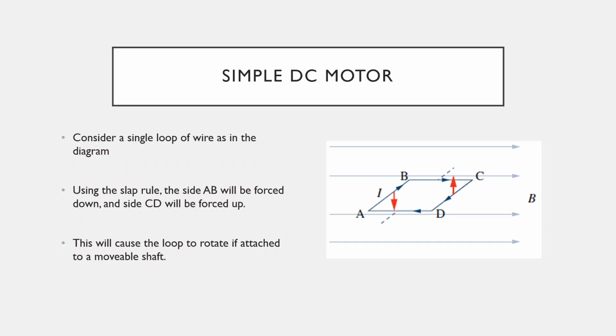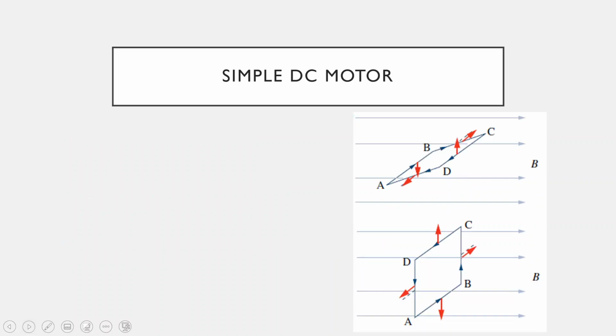You can also analyze the forces on the other sides, BC and AD, but in this position, at least, there won't be any forces because your current is parallel to the field. But the main thing is, these two opposite sides are going to experience opposite forces, and if it's attached to a shaft or some kind of axis, then it will begin to rotate. So it's going to start rotating anti-clockwise.